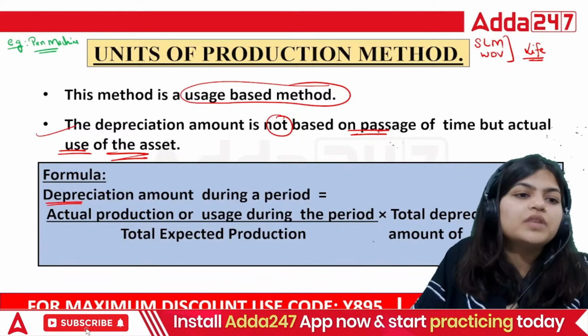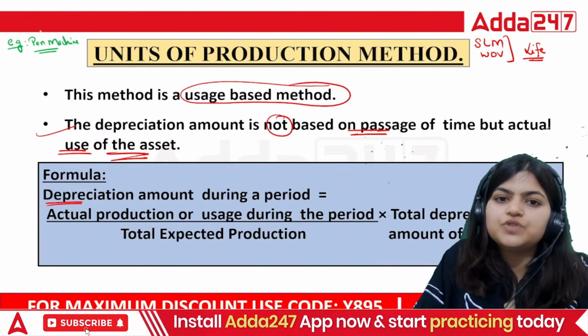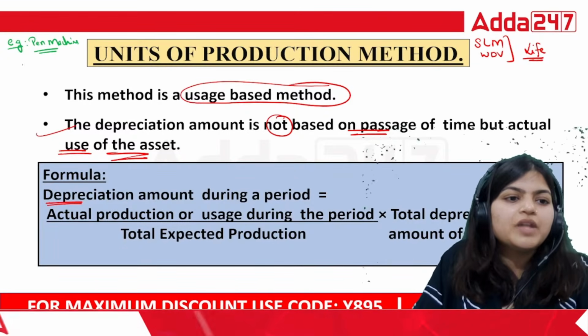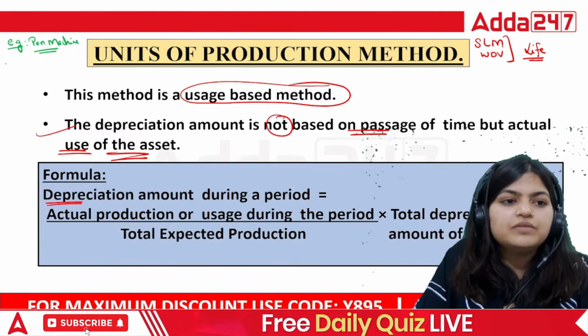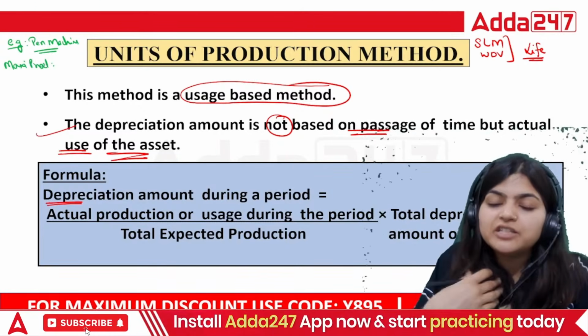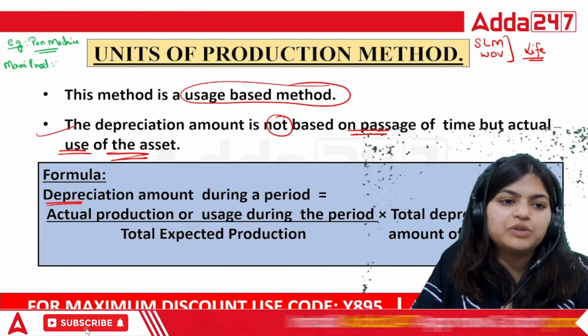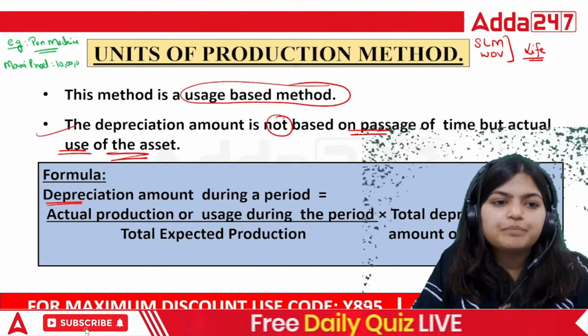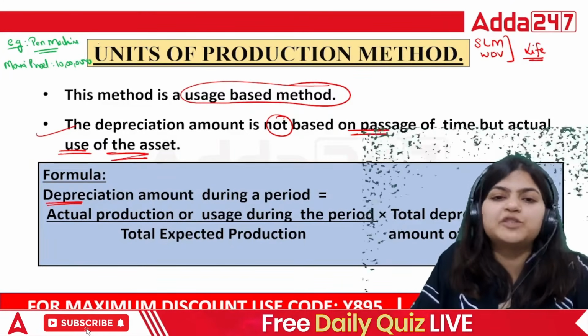Now I know I'm going to use this pen machine for, let's say, 10 years, and in those 10 years, my expected production from that machine is, let's say, 10 lakh pens. This is my expectation.